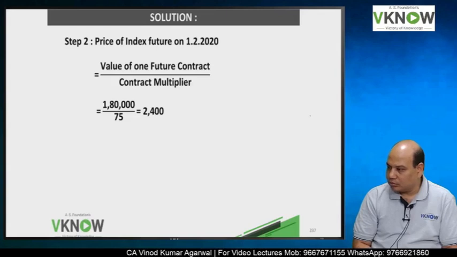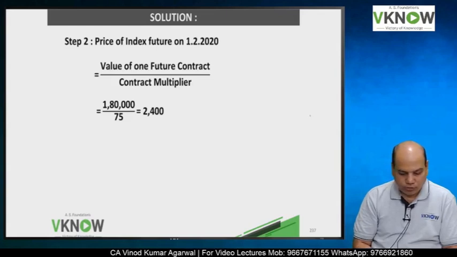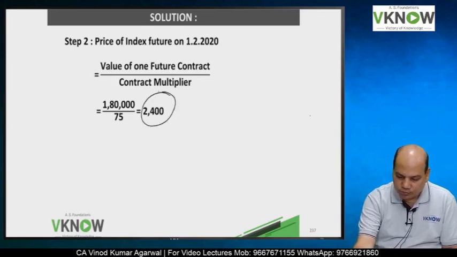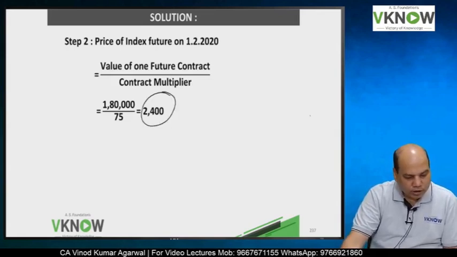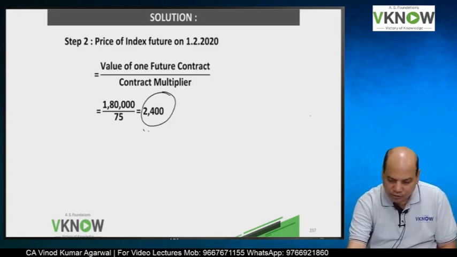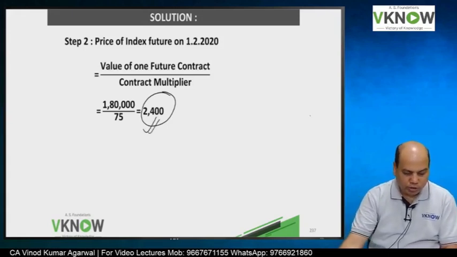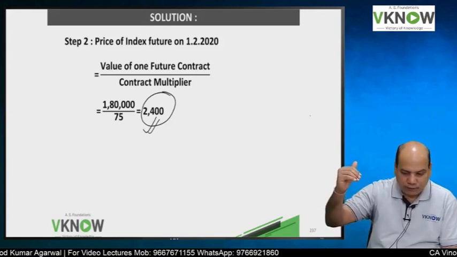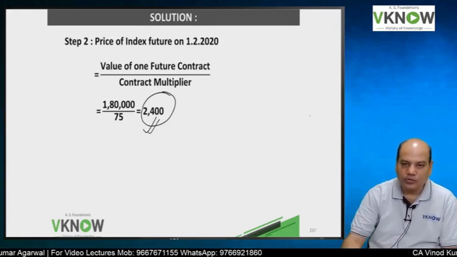That is equal to 2400. So this is the number I am going to use in the other two answers. This is the Nifty future at which you have entered into a contract. You are betting that Nifty future after 4 months will go below 2400.